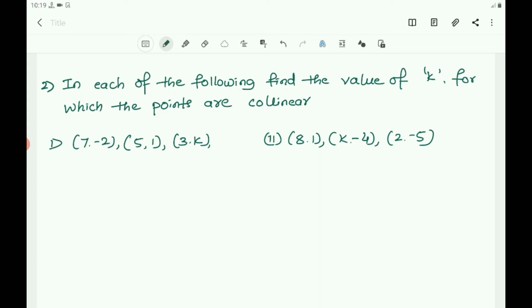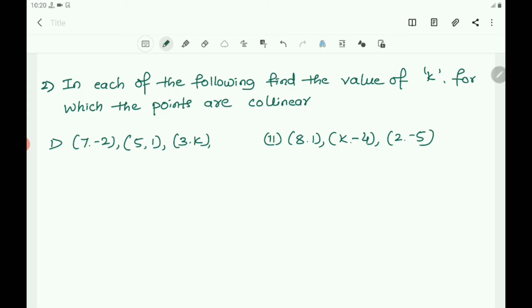Then what is the area of the triangle as the points are collinear? You know that here there is no formation of the triangle, means the area must be 0. So with the help of that idea, we have to find the value of k here. So you write the formula for the area, put the area equal to 0 and solve for k.